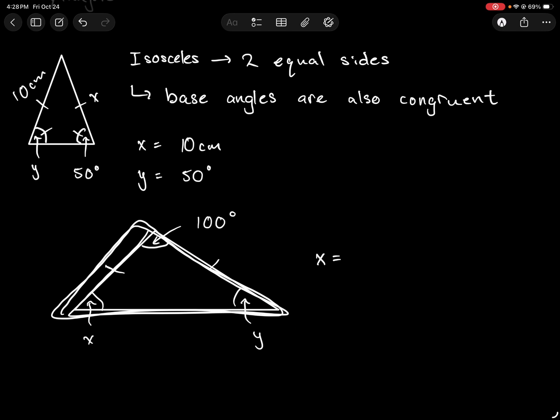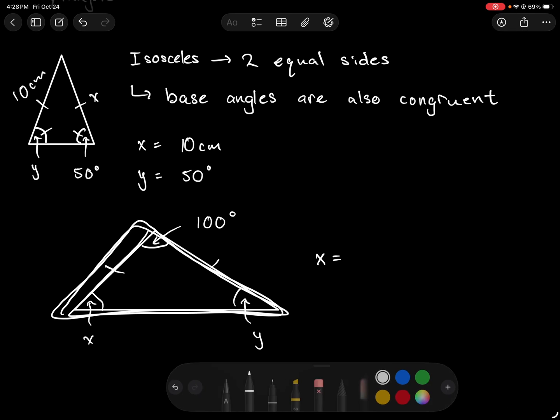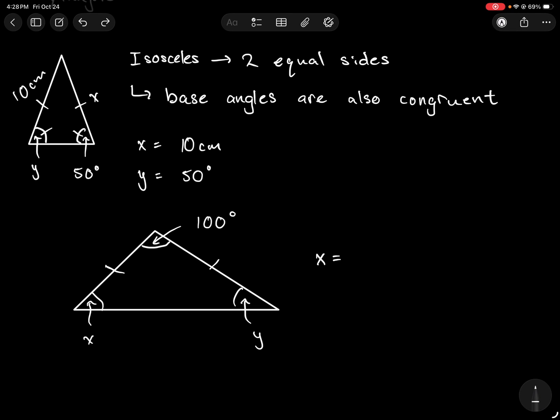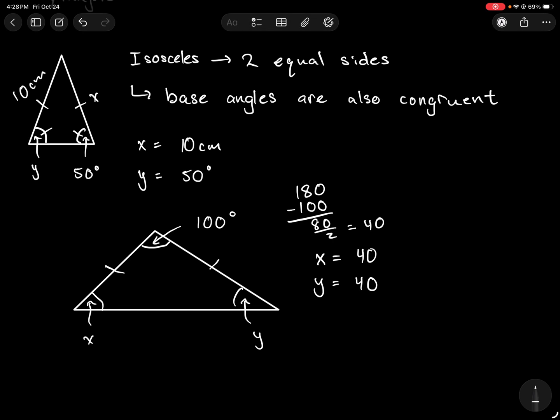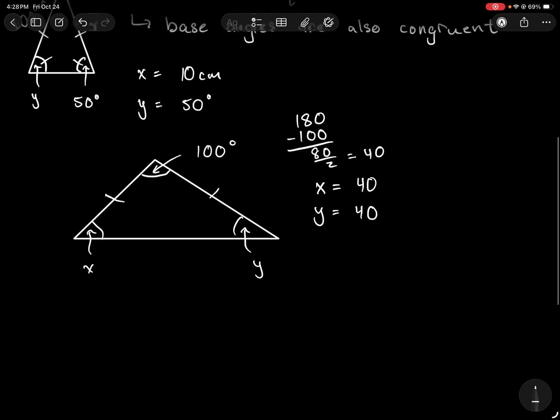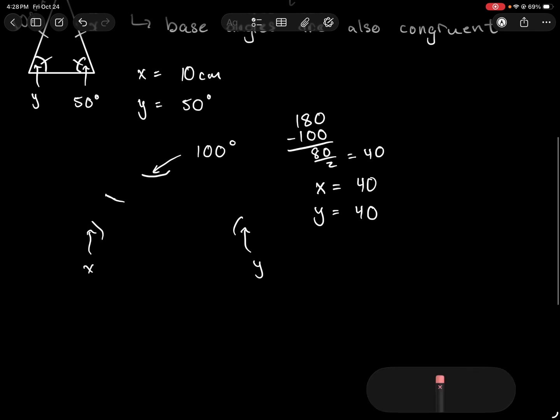We split the remaining 80 degrees into two parts, which gives me 40 degrees each. So both x and y angles will be 40 degrees. This pretty much covers most of the things we can ask you with isosceles triangles. The most important thing is to identify that your triangle is an isosceles triangle.